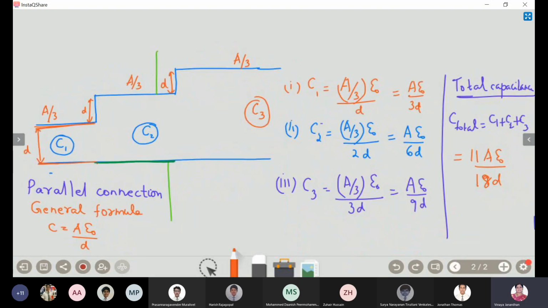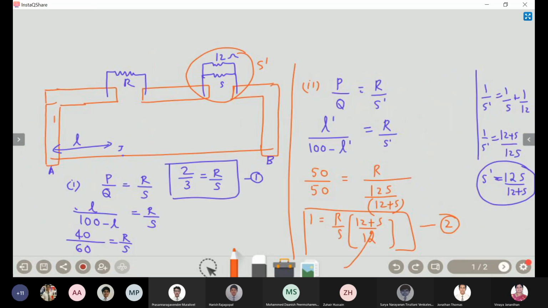Two identical parallel plate capacitors C1 and C2 have capacitances C each.